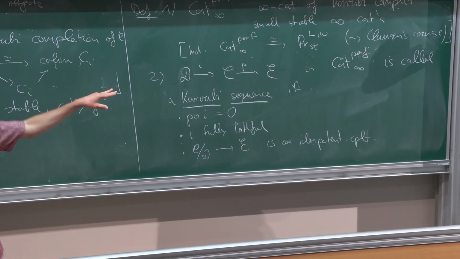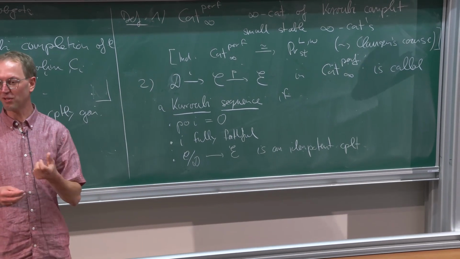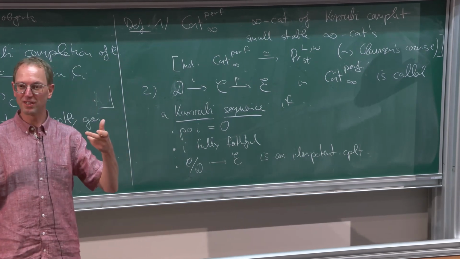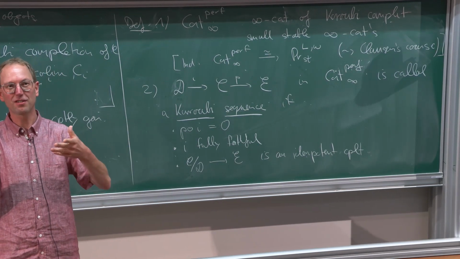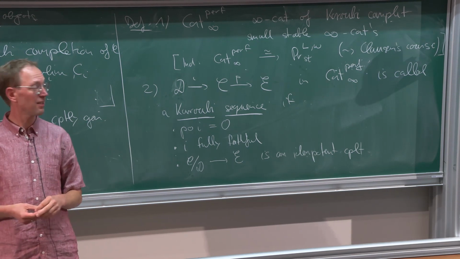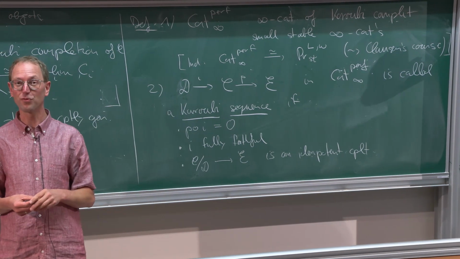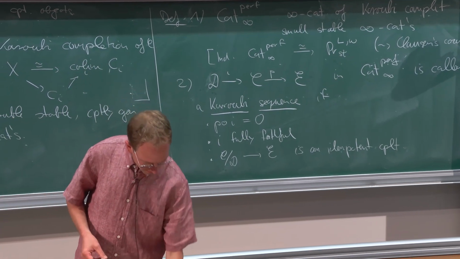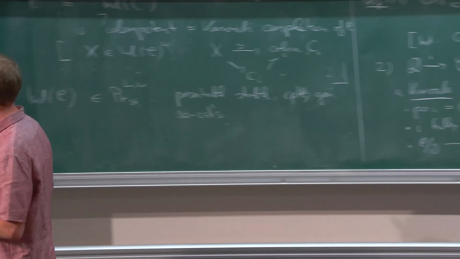If you do it on the level of small categories, that's maybe not so easy. But the point is, once you pass to Ind-completions, you have presentable infinity categories, and then you have adjoint functor theorems and so on. And then it's often easy to check if the result is the version of a Karoubi sequence for presentable infinity categories. And so this is what this theorem gives us.